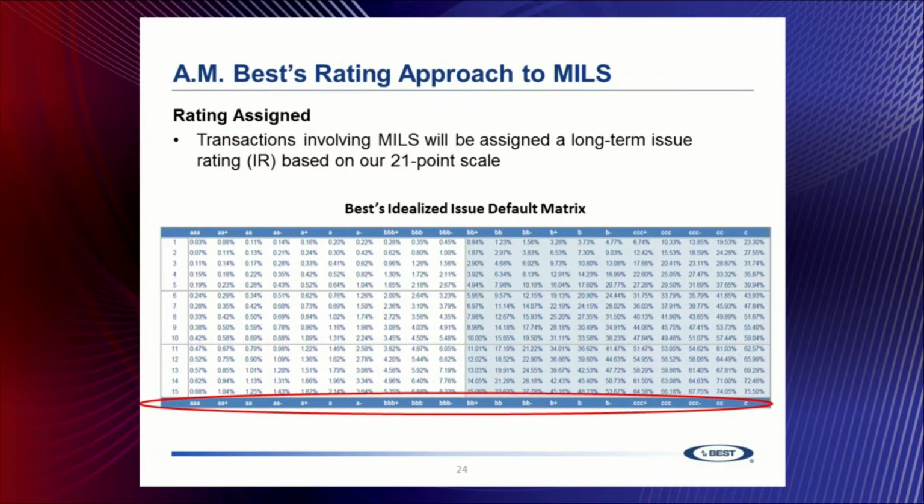Thanks, Manny. So in this section, we'll talk about the AM Best approach to rate the mortgage insurance-linked securities. As MILNs are securities, we will assign a long-term issue rating, or IR, to the notes. The IR ratings have a 21-point scale from AAA to C. AAA is the highest credit, while C is the lowest one.